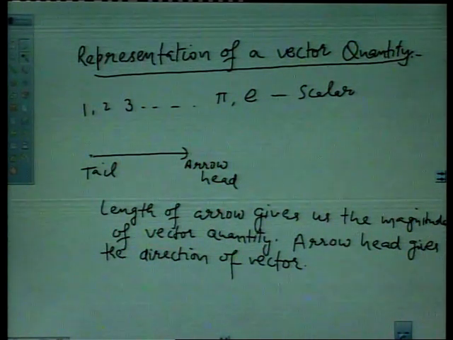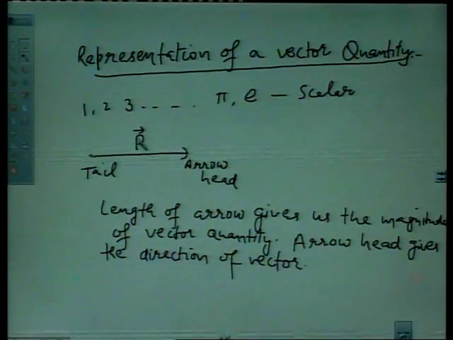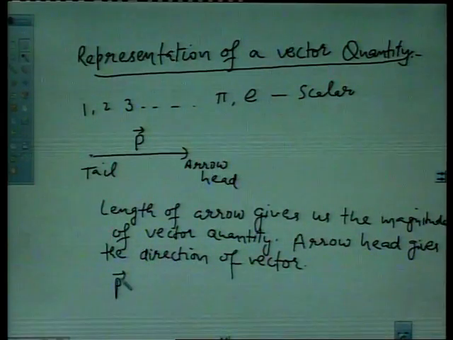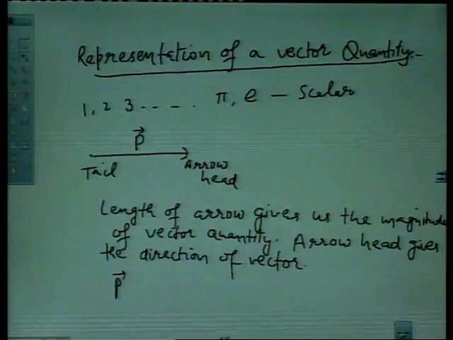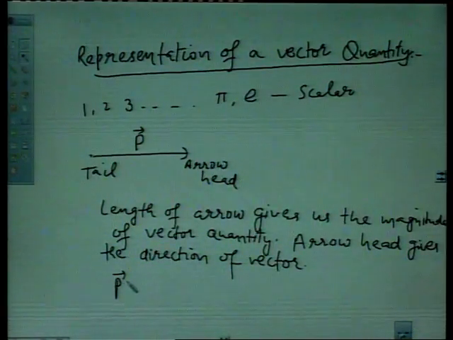So suppose we take this quantity as vector quantity p, so it can be represented as p vector, p with the arrowhead.